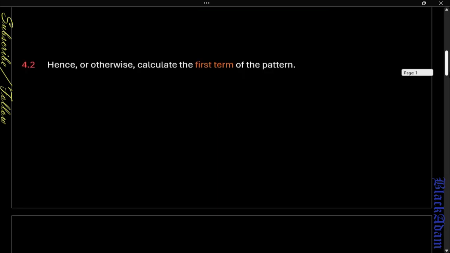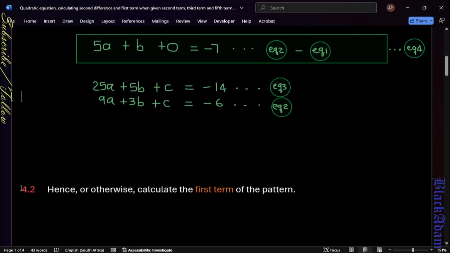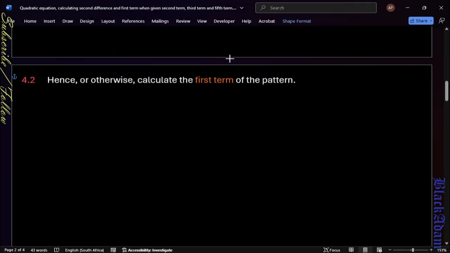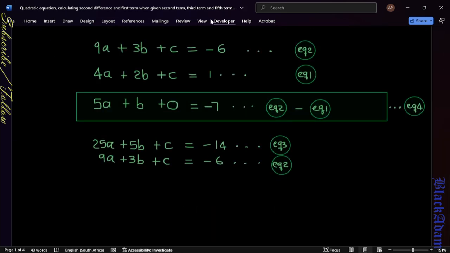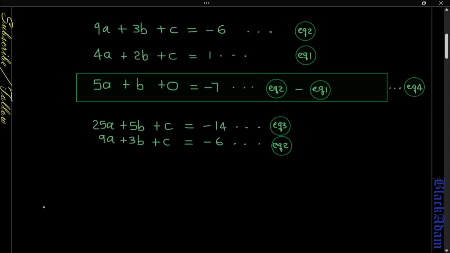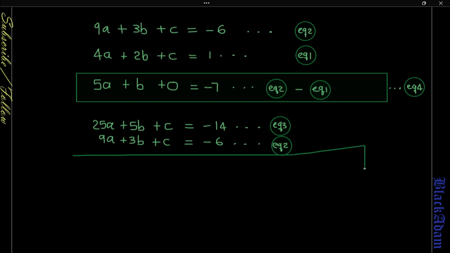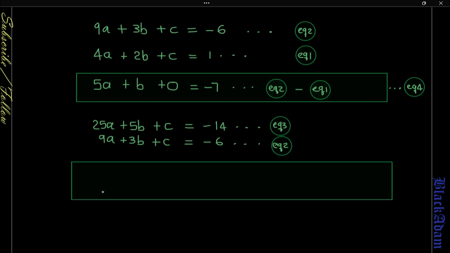And once again, we find the difference. So we have equation 3 minus equation 2. 25 minus 9 is 16, so 16a. 5 minus 3 is 2, so 2b. c minus c is 0.